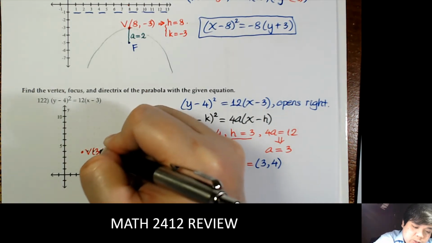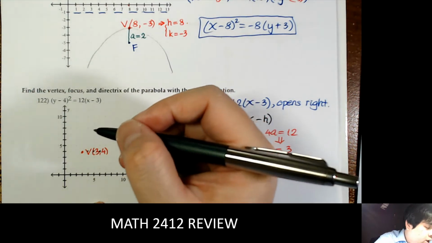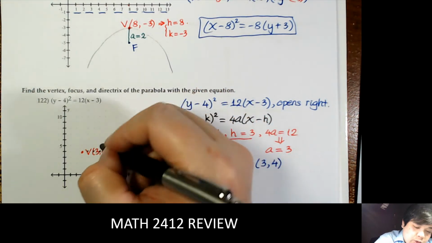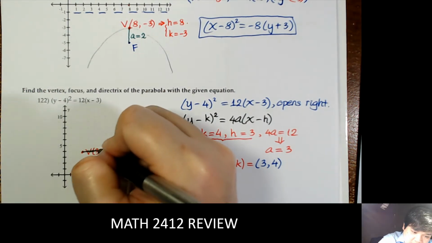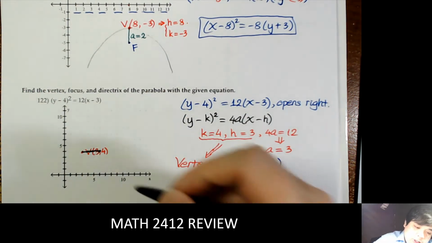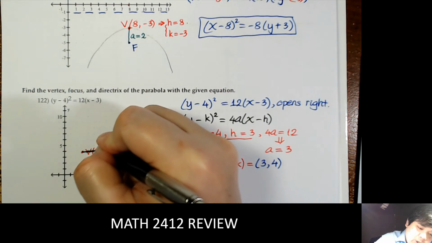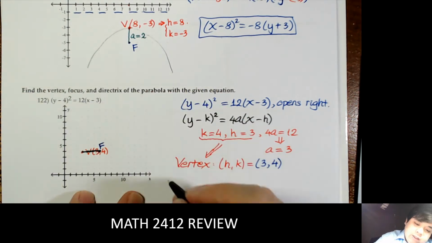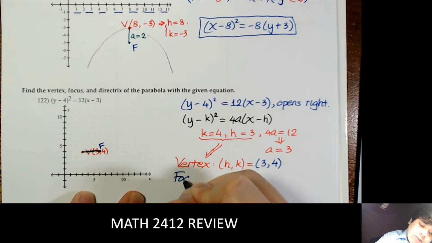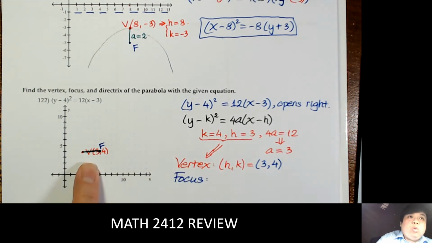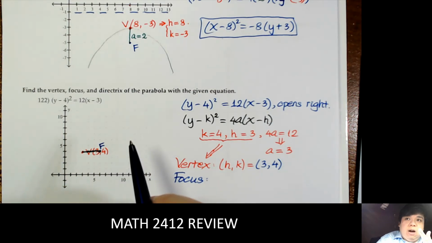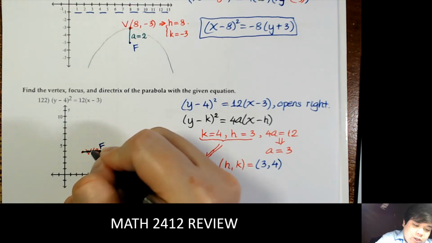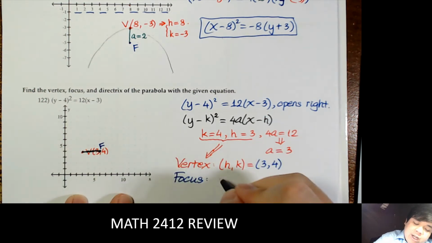1, 2, 3 units to the right. So that is going to be the focus. If we go 3 units to the right from here, the y will stay the same. We go from 3, 4, 5, 6. So that will be the focus.